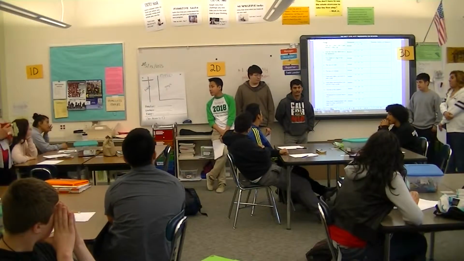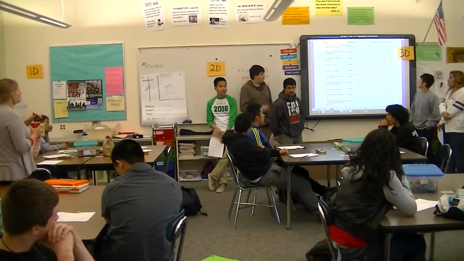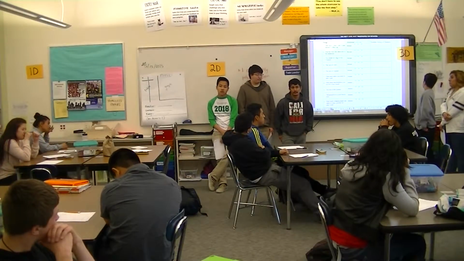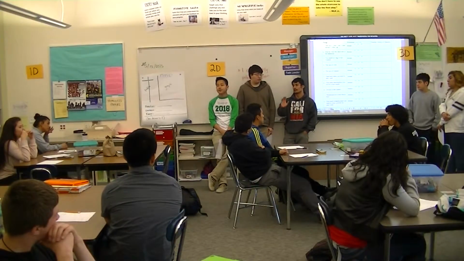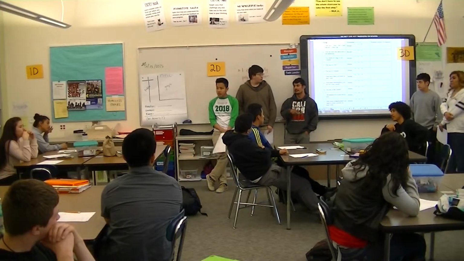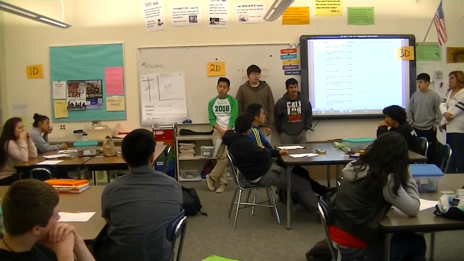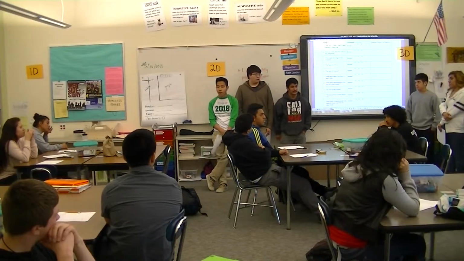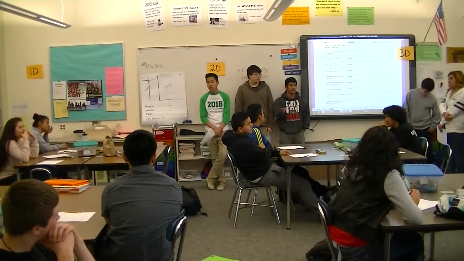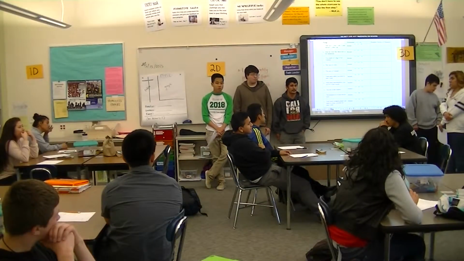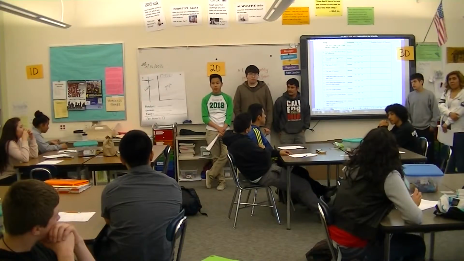Hector, how did you see this problem so that you and your group chose two-dimensional? Well, it's just showing one side of it. Okay, can you share that with the class? Just look at it as like a two-sided thing that's looking through height and width. Okay, does anyone have any questions, comments?